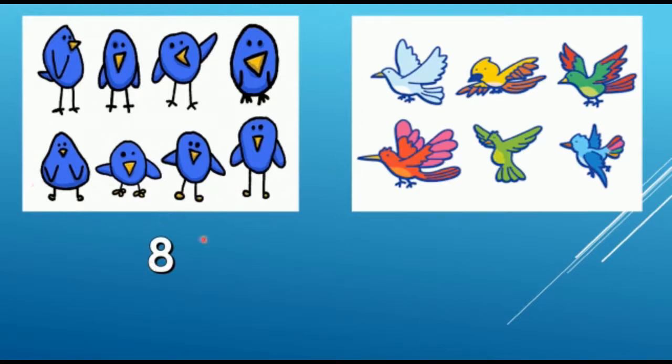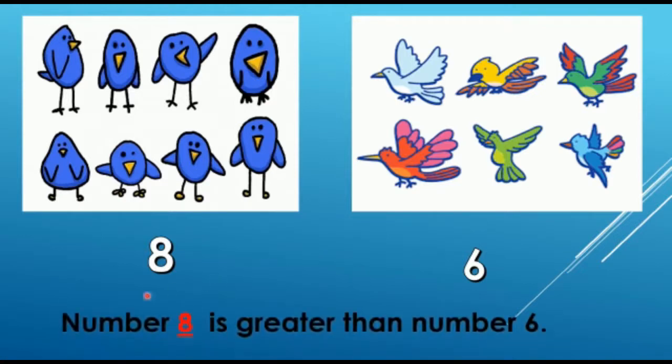And how many colorful birds? 6 colorful birds. Very good. There are 8 bluebirds and 6 colorful birds. So 8 is greater than 6. See downside, number 8 is greater than number 6.